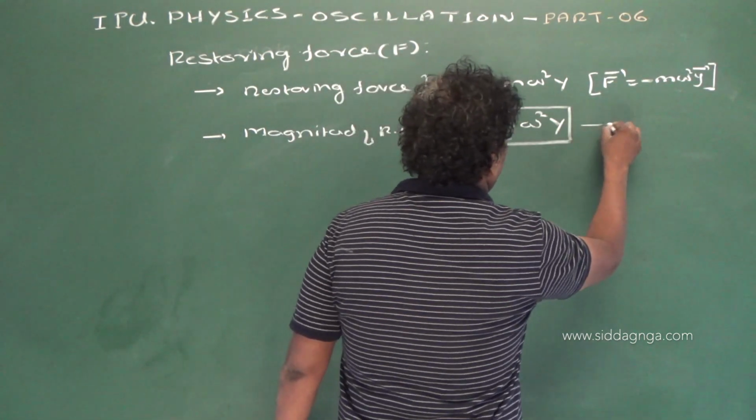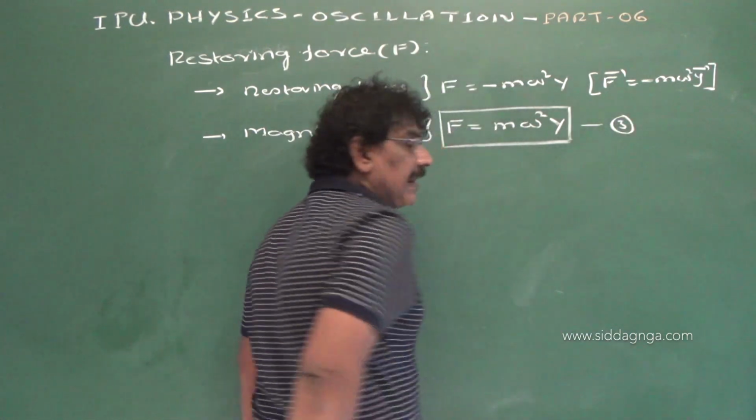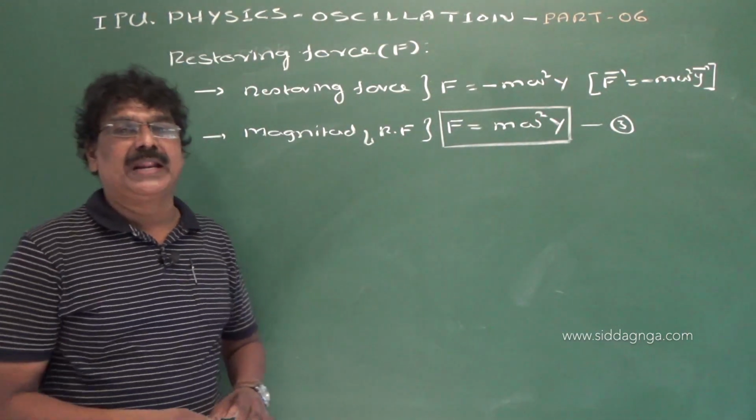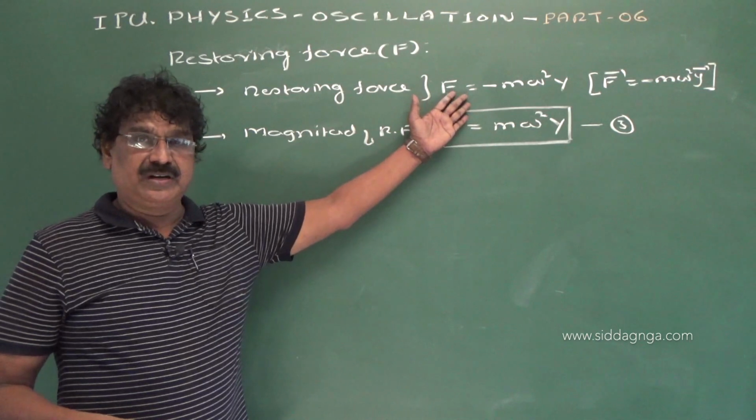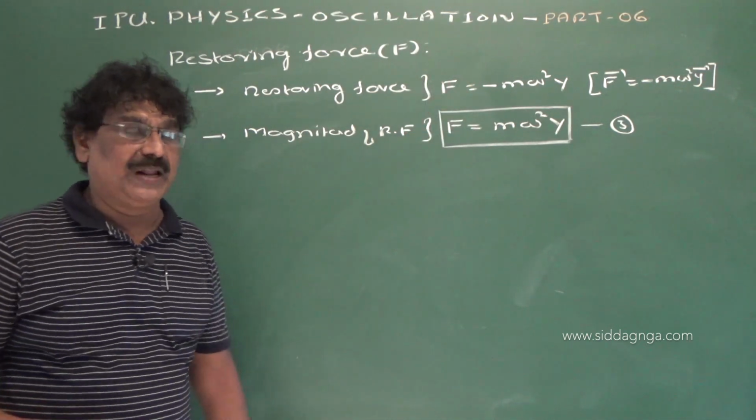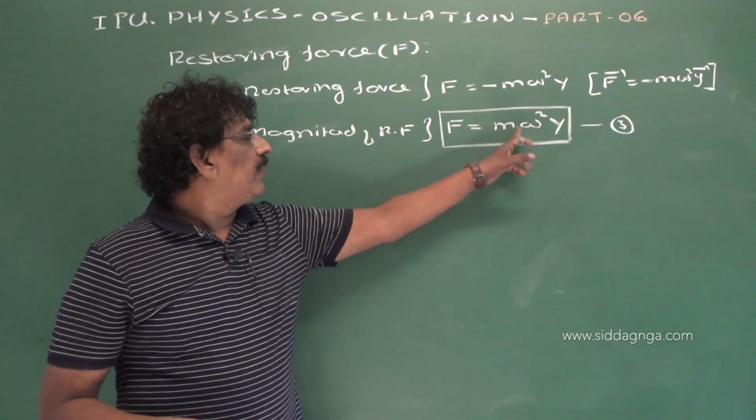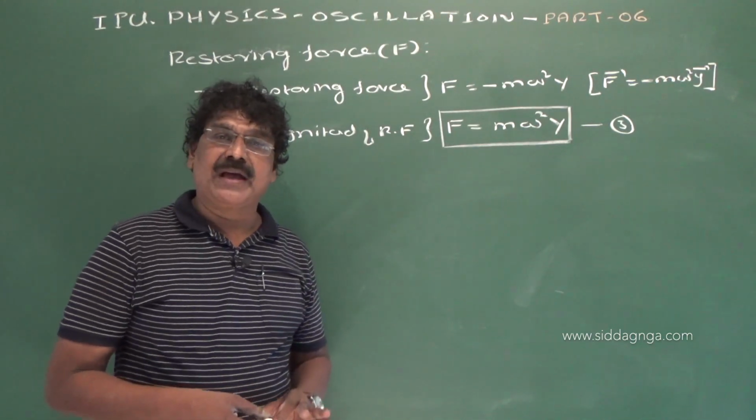We will take this as equation 3. We have already taken equation 1 and equation 2. This is equation 2, F is equal to ma is equation 1. Now F is equal to m omega square y.